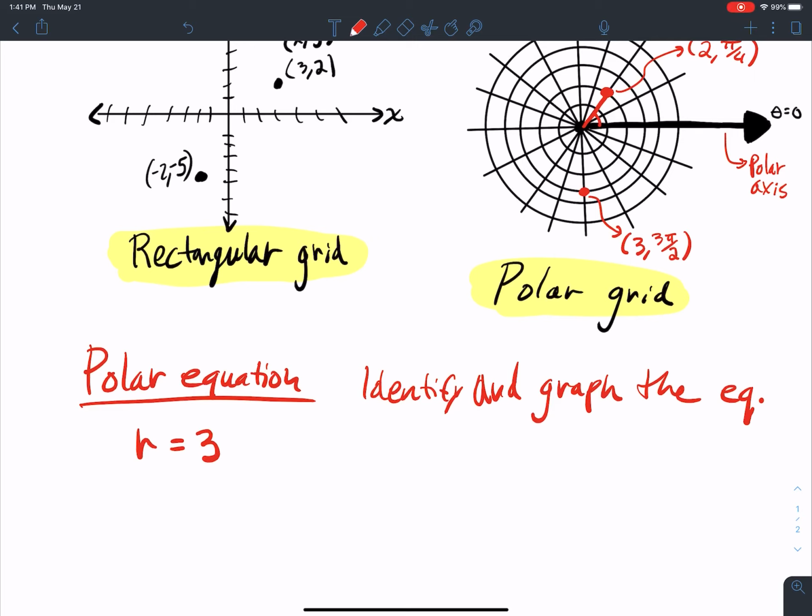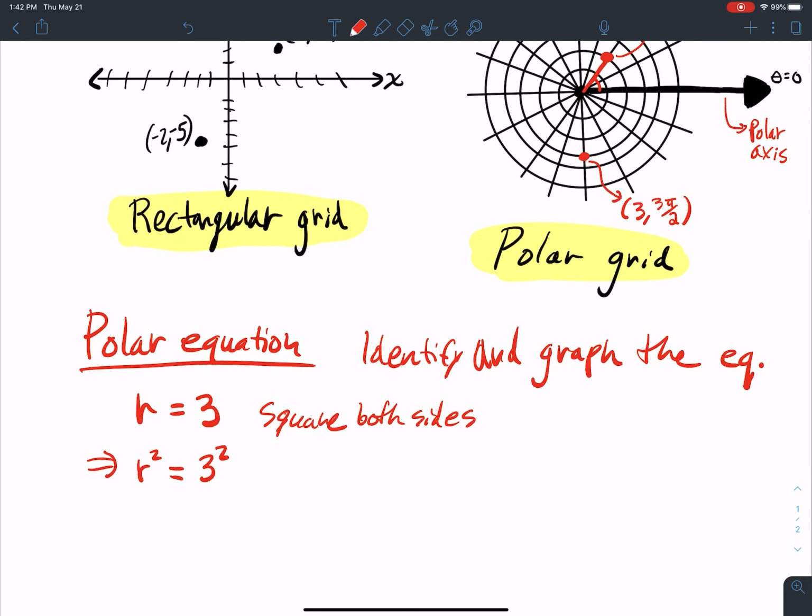Now, remember when we convert polar equations to rectangular, things that we know how to graph, one technique we could do is square both sides. That gets me r squared equals 3 squared. And remember that r squared is equal to x squared plus y squared, which is that circle with radius r centered at 0, 0.